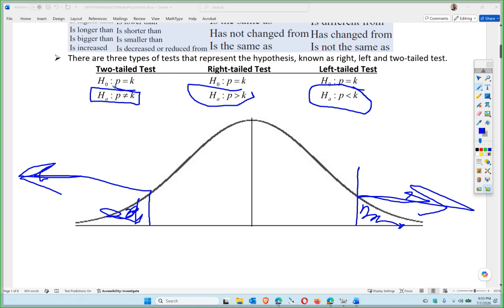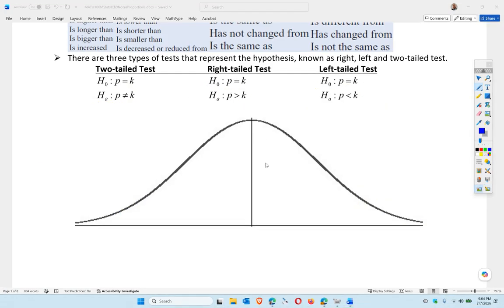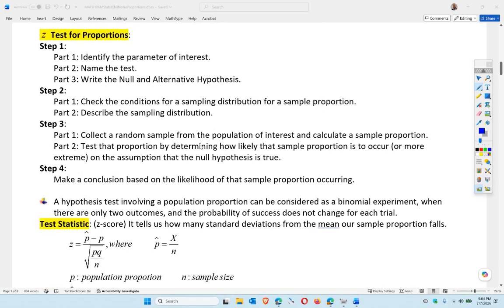So essentially, we want to know, should we accept the null hypothesis, or did we prove the alternative hypothesis? We essentially have to look at our data to prove or insinuate truth about one or the other. We don't know without doing some calculations. So there's basically 4 steps to it. We're going to use Z when it's proportions, basically.